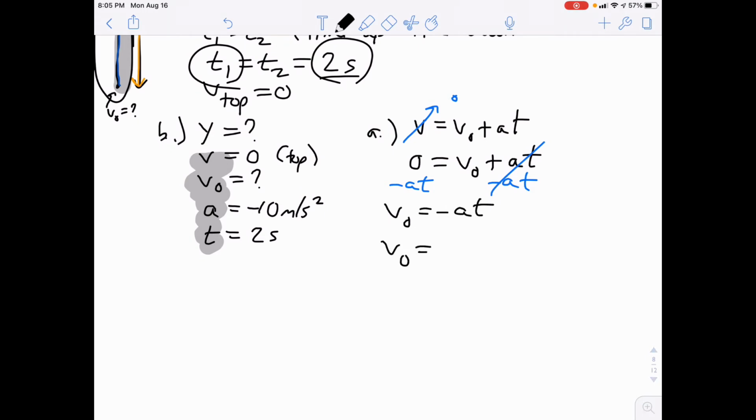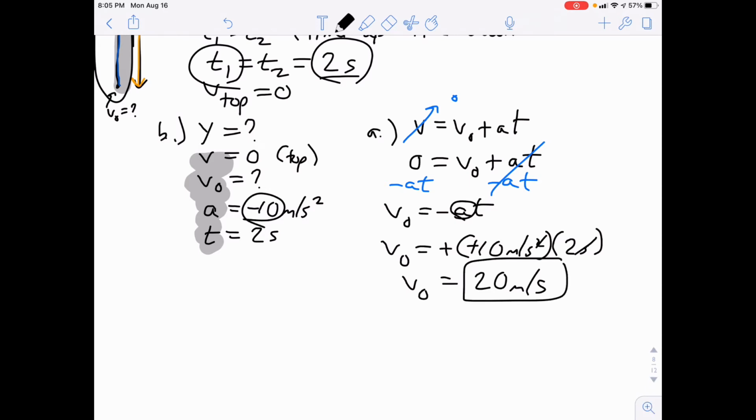Remember, a itself is also negative. So negative 10 meters per second squared times the 2 seconds. Notice that will cancel, and v naught is equal to 20 meters per second. So the ball was kicked at 20 meters per second off the player's foot.